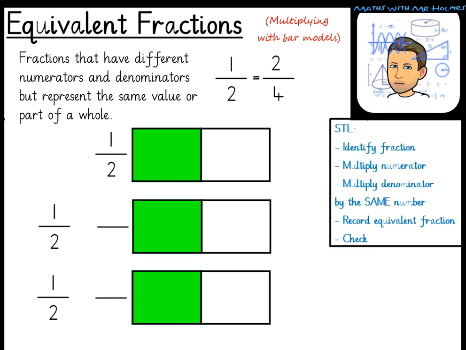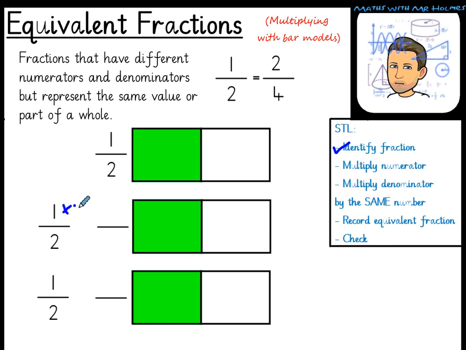First step, we need to identify the fraction. We have 1/2, 1 out of 2 equal pieces. We've drawn a bar model, again to show 1/2. We're going to find an equivalent fraction. We need to multiply the numerator. So choose a number. I want to choose a nice easy one.